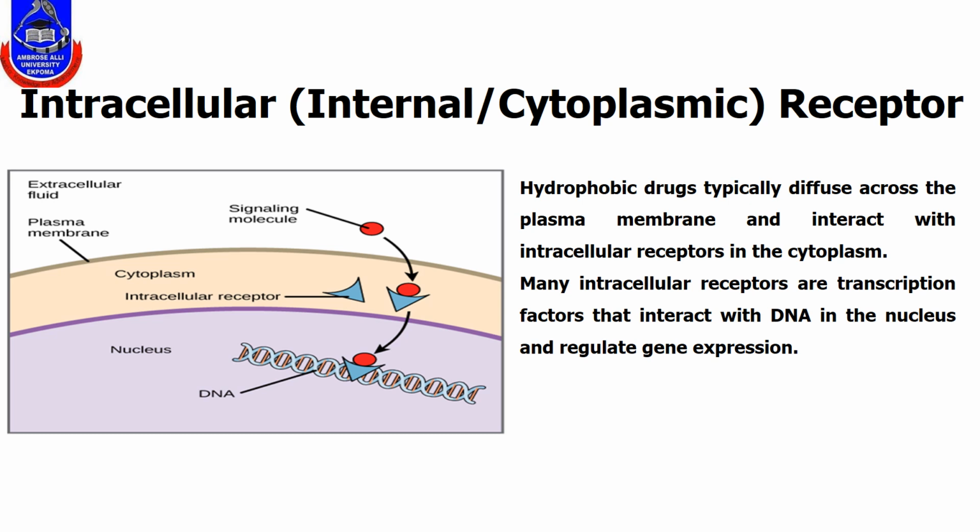They allow the diffusion of hydrophobic drugs across the cell membrane and interact with intracellular receptors in the cytoplasm. That is, the intracellular receptors are found within the cell membrane.